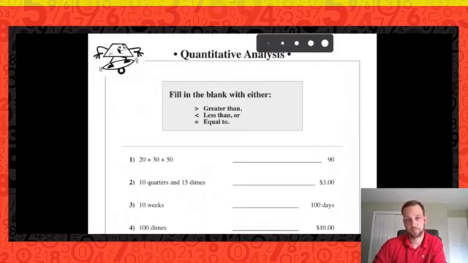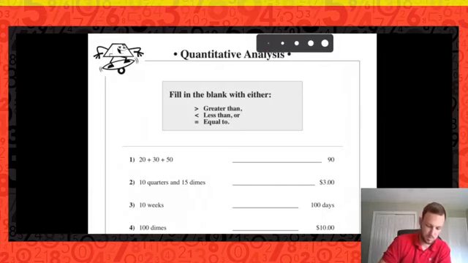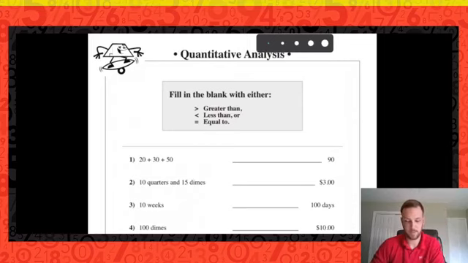Anybody tell me what 10 quarters and 15 dimes is. 10 quarters is $2.50, and 15 dimes is $1.50.